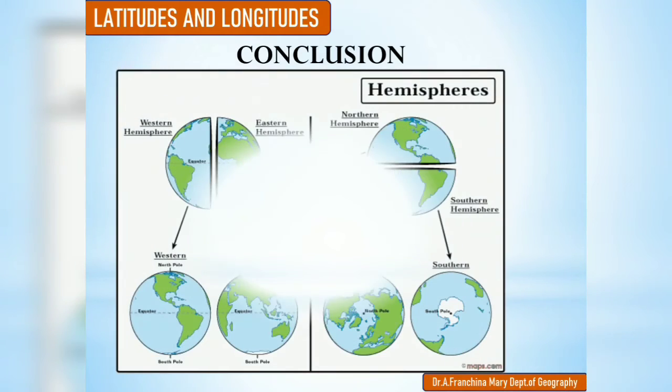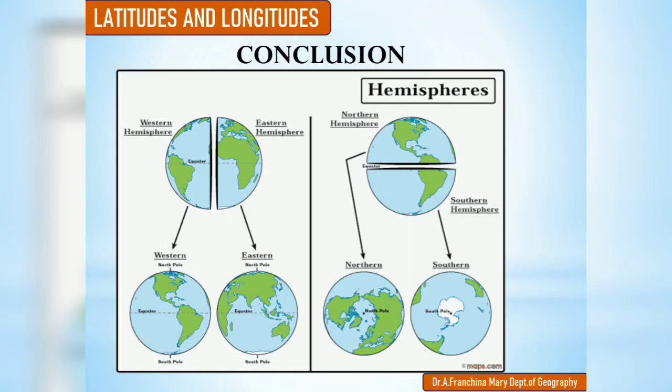So with the help of latitudes and longitudes, that is the equator and prime meridian, we can divide the entire earth into northern hemisphere, southern hemisphere, eastern hemisphere and western hemisphere. Based on the equator, we divide the earth into north and south. Based on the prime meridian, we divide east and west.